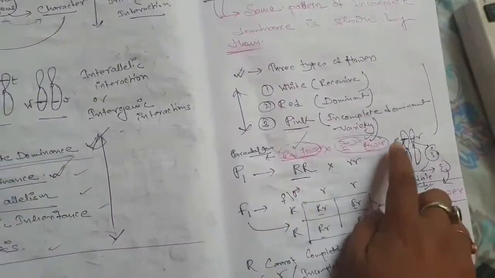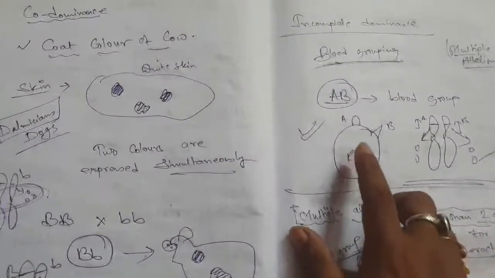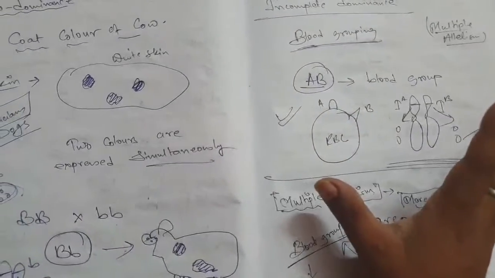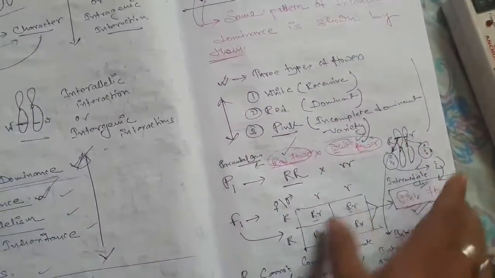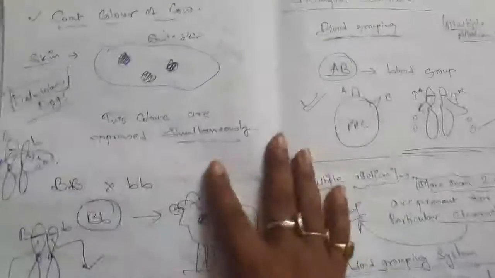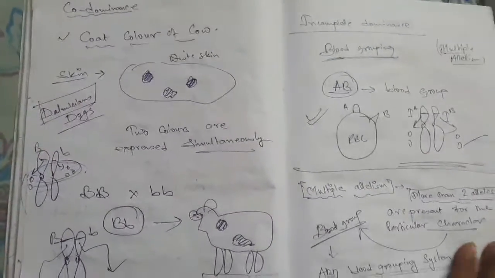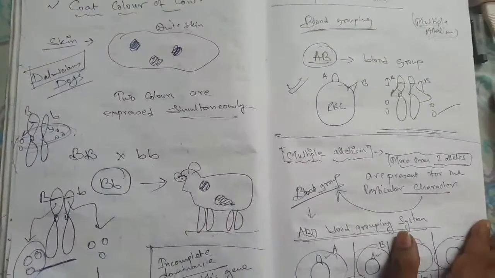In codominance, both will be dominating completely. For example, in the AB blood group, both are totally expressed. Here in incomplete dominance, one is half expressed, another is half expressed. In codominance, both are totally expressed. So that is the difference between codominance and incomplete dominance. Do not forget that.